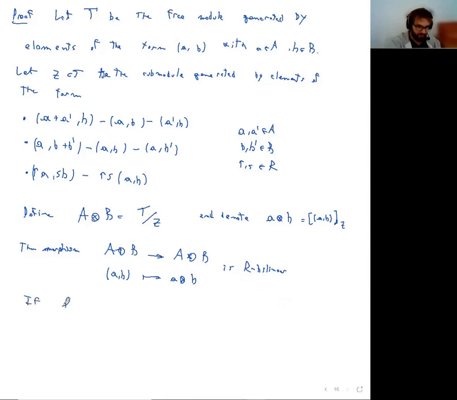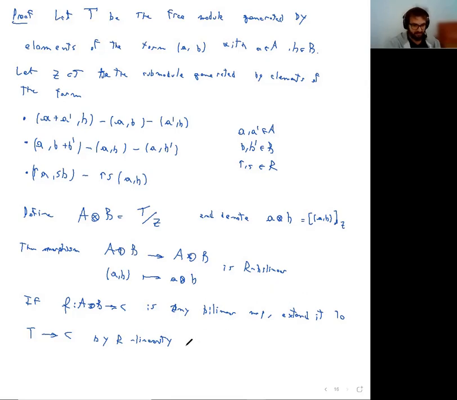And if F is any bilinear map, we can extend it to a map from T to C by R-linearity, because the elements of A plus B are just the free generators of T, so we can just say linearity.